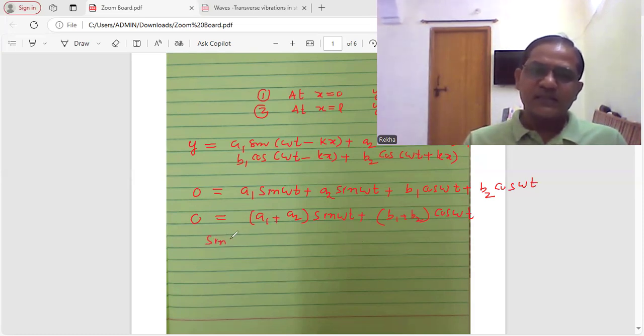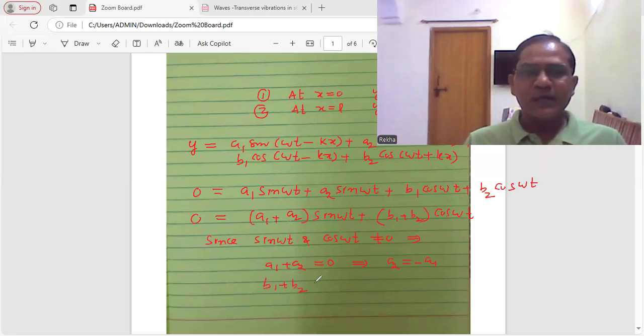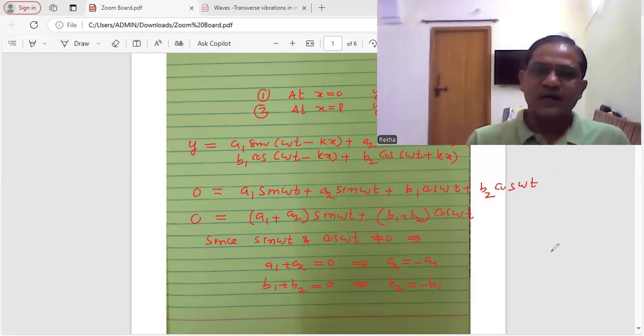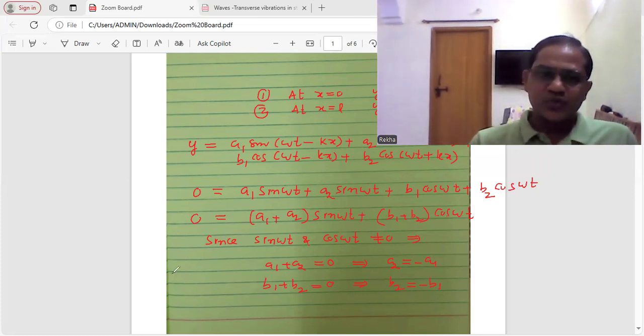So here, since sin ωt and cos ωt are not equal to 0, therefore A1 plus A2 must be equal to 0. From that, we can write A2 equal to minus A1. Similarly, B1 plus B2 should be equal to 0, which implies B2 is equal to minus B1. Okay, so let us substitute these values in equation 2.